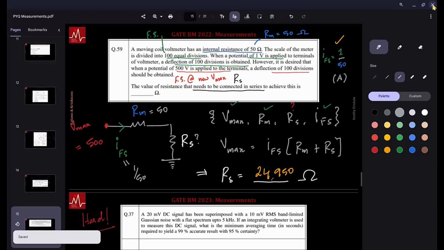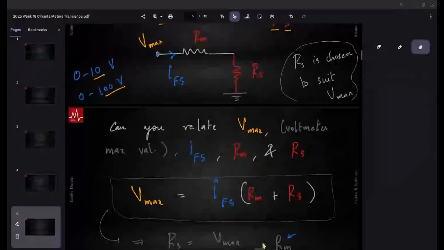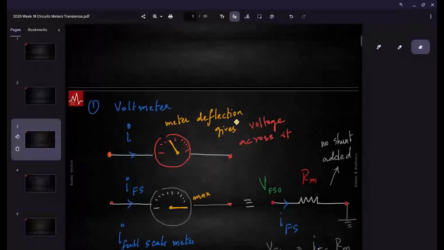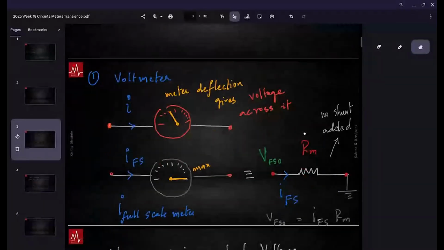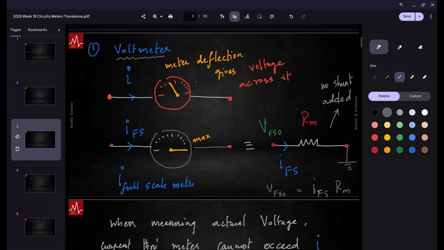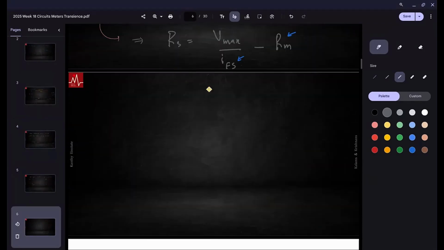Going back to the voltmeter, we discussed this quickly. We'll do the ammeter somewhat fast.